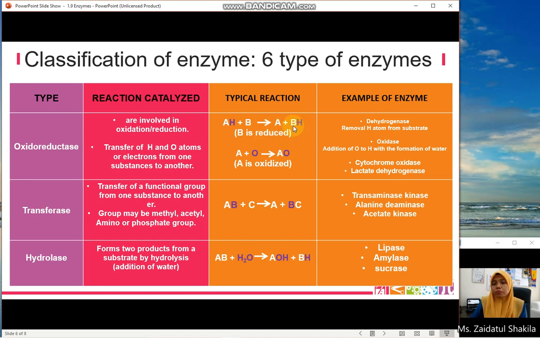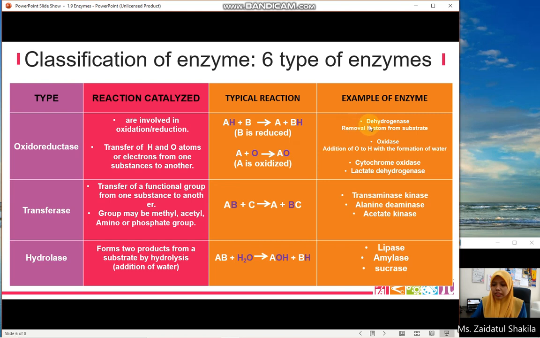Whenever a compound receives hydrogen atoms, we call it being reduced. So compound B is reduced. Whenever a compound loses a hydrogen atom or gains oxygen, we call it being oxidized. So compound A, in the next example, A plus O becomes AO. So A is being oxidized.